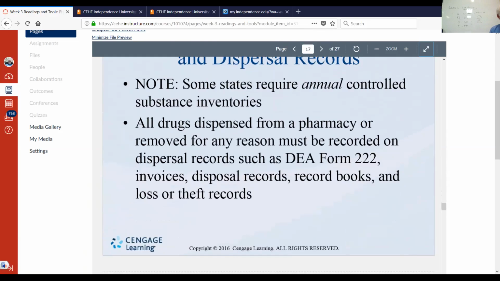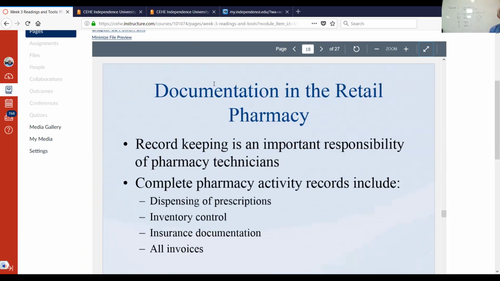So we have special forms from the DEA that we have to fill out. So we document all of those. And if we find that drugs are missing, we have to file a report as soon as possible, or we can be held liable for those drugs going missing.